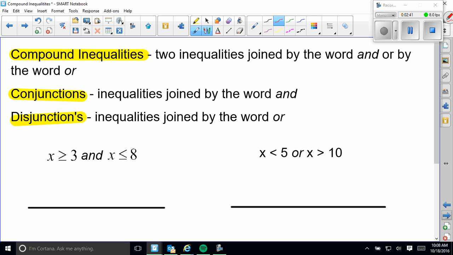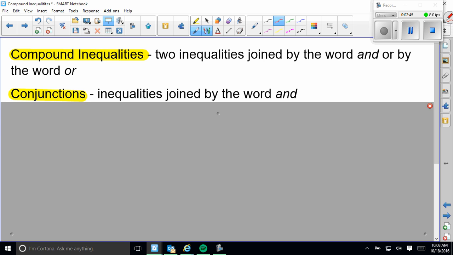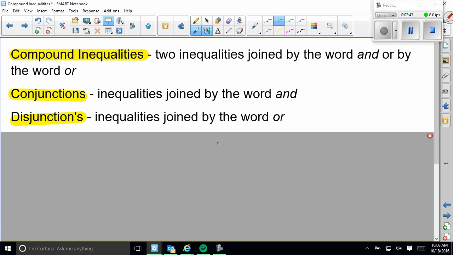Alright, I want you to write down these three definitions. Go ahead and pause the video and write them down. A compound inequality is two inequalities joined together by the word and or by the word or.